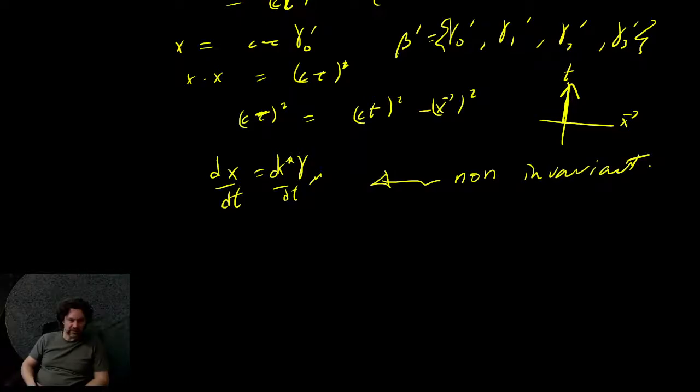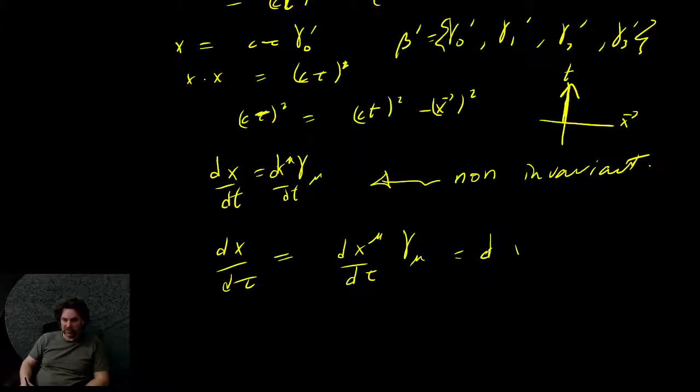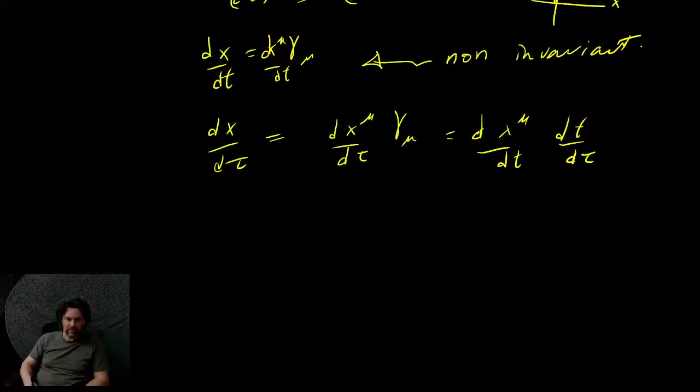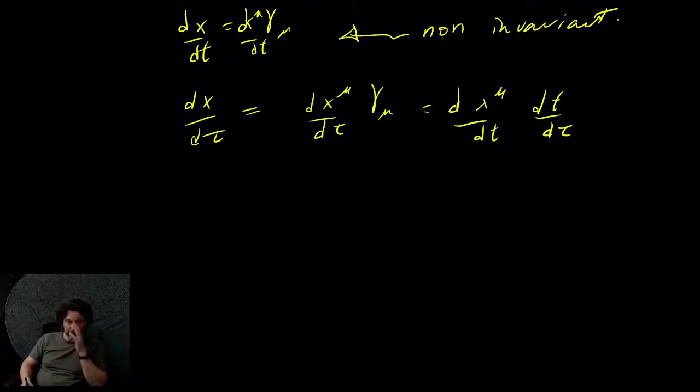So what we do instead is we take our derivative with respect to proper time, assuming that we can compute that. So now we have dx^mu/d tau, which is dx^mu/dt times dt/d tau. And we should expect that this quantity will be invariant.